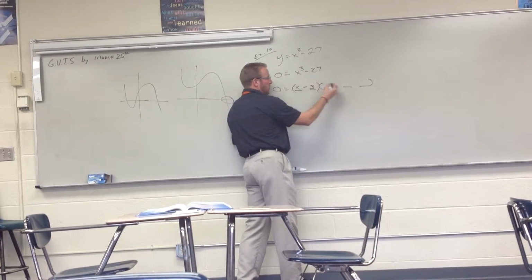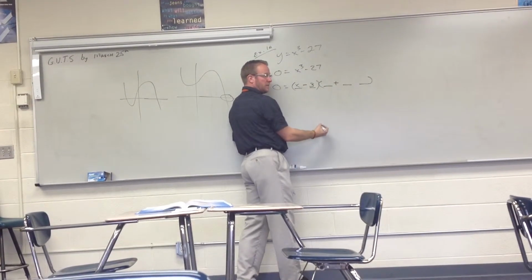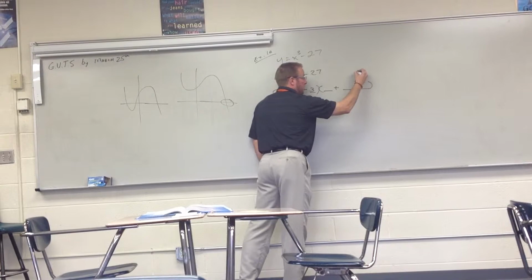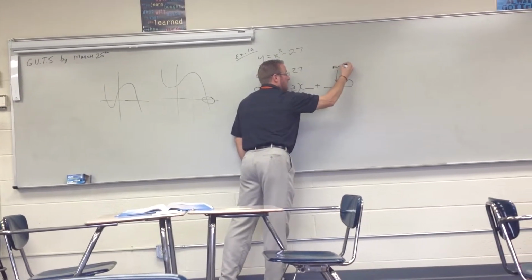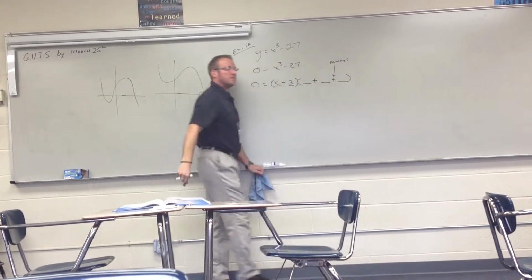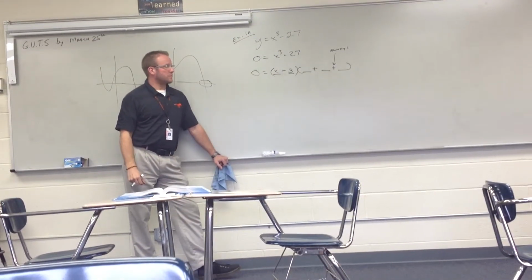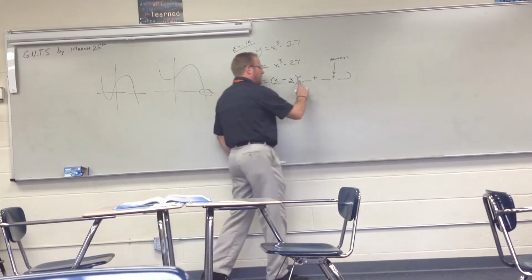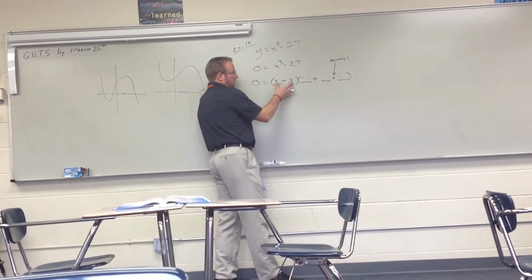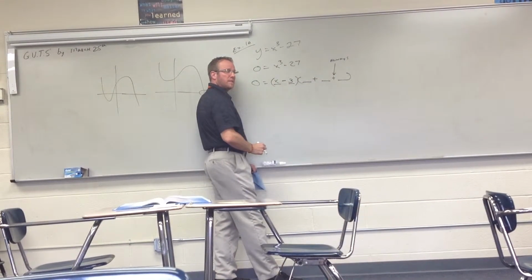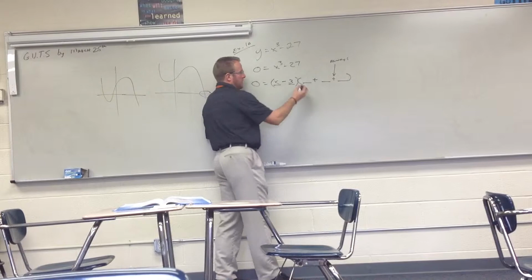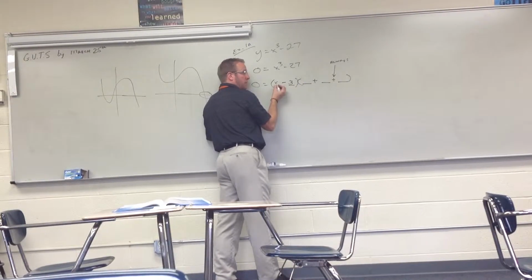Whatever these signs were, this one's the opposite. This one, I'm just going to write always a plus. That's the only one that's locked. The trinomial is built off of these binomial pieces. To build the front, square the front.